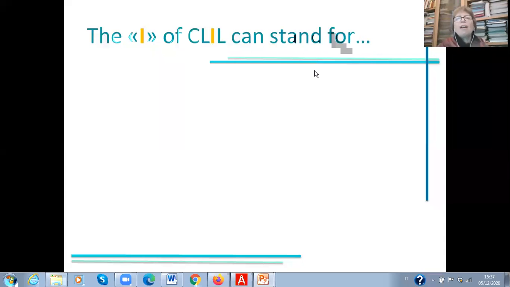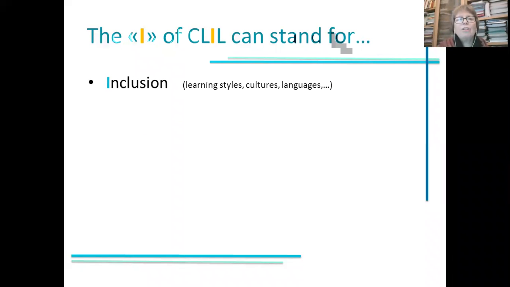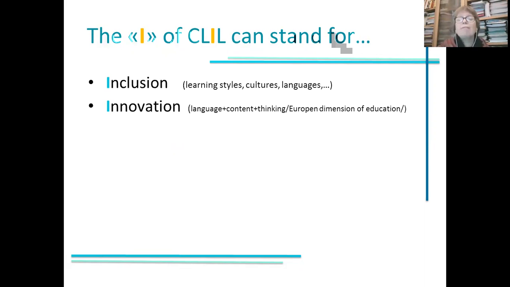Let's see which are my ideas. Inclusion, yes, because when you do CLIL, you have to include different learning styles, different cultures of the students that you have in your classes, and different languages. Innovation, because in a way it's innovative.